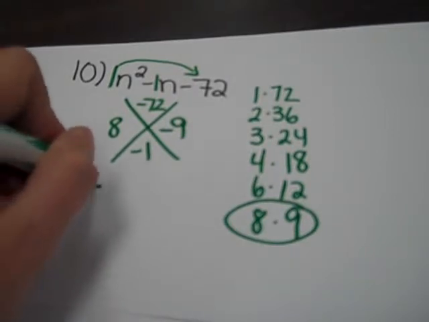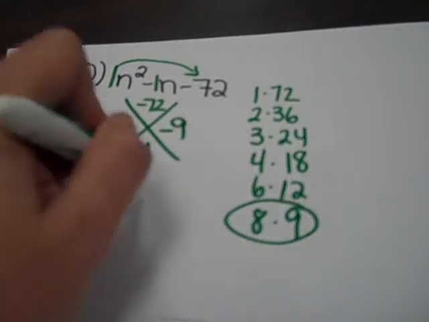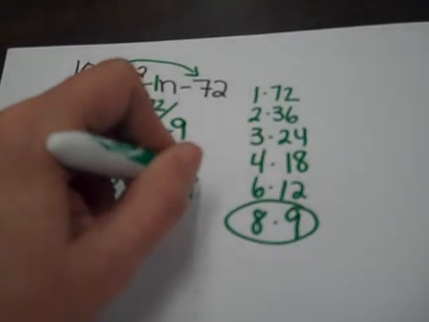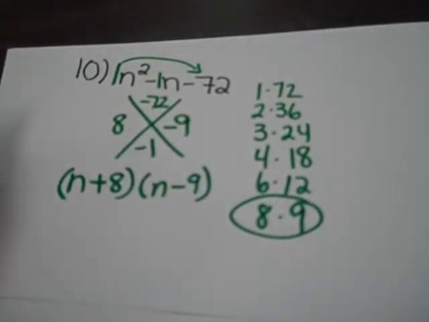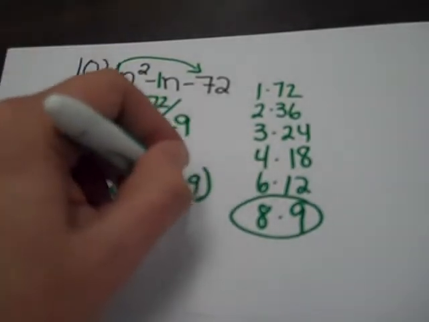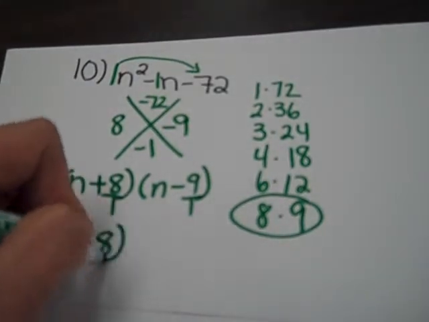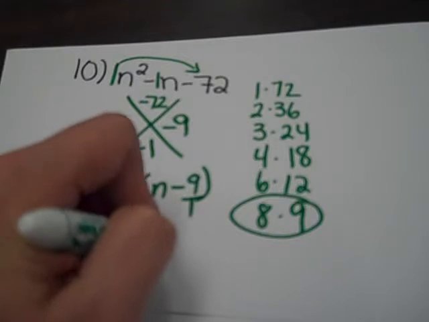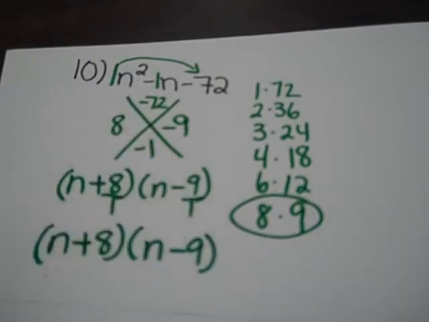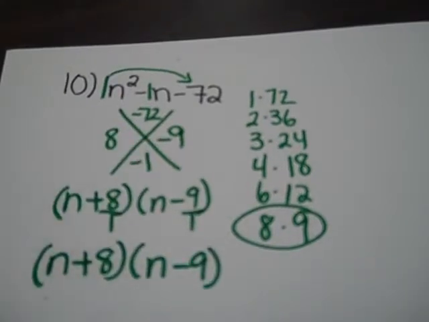So I have n plus 8 times n minus 9. The number that I slid was 1, so I'm dividing by 1. And get n plus 8, because that divides evenly. And n minus 9, because that one divides evenly. The nice thing is, when that's a 1, those factors won't change when you rewrite them, when you divide.